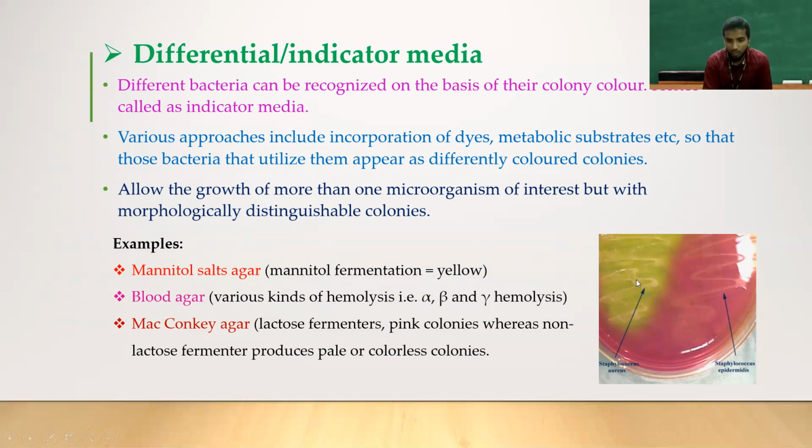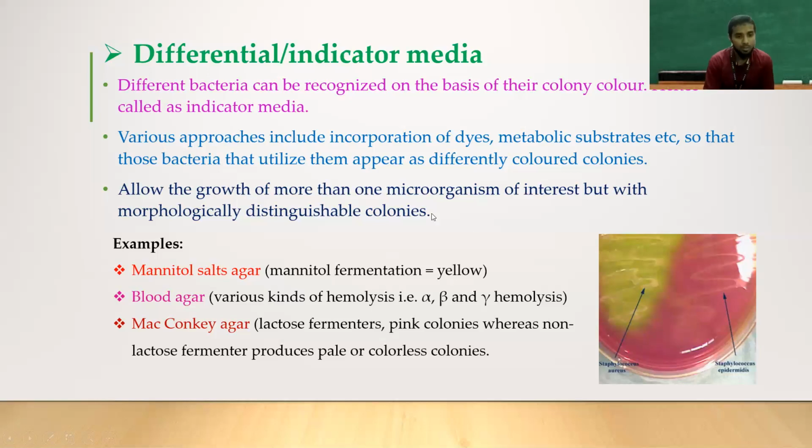The yellow color one, this is in the same media, is Staphylococcus aureus. And the right one is Staphylococcus epidermidis. These two are different bacteria. Yellow color is aureus and the pink color is epidermidis. This is the same culture media, which is differential indicator media. In that, different color indicates different bacterial colony.